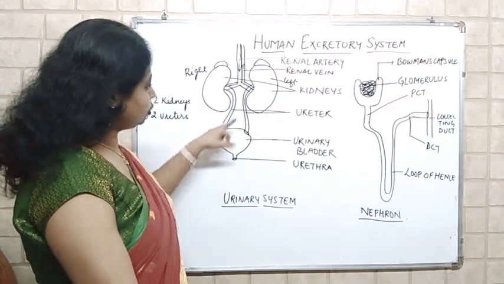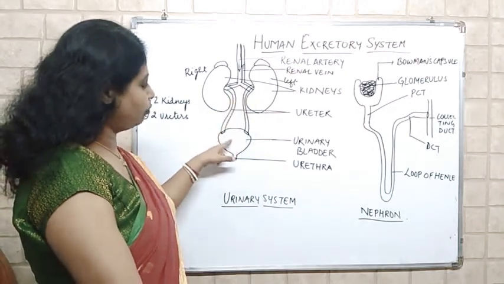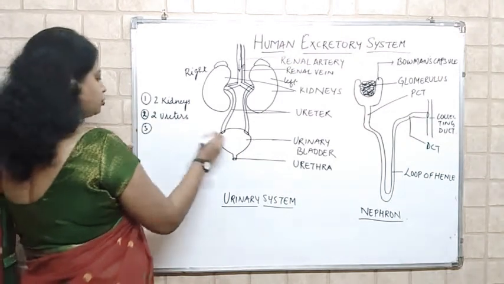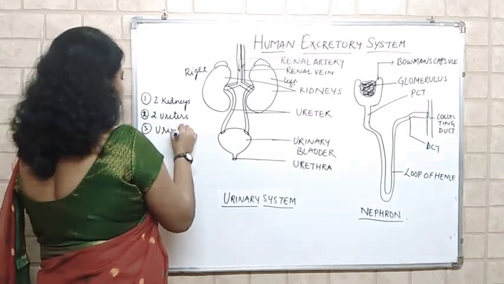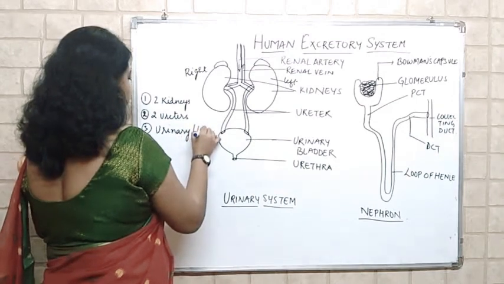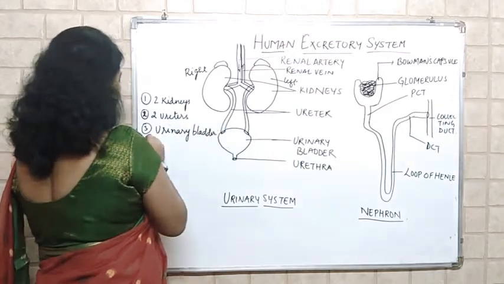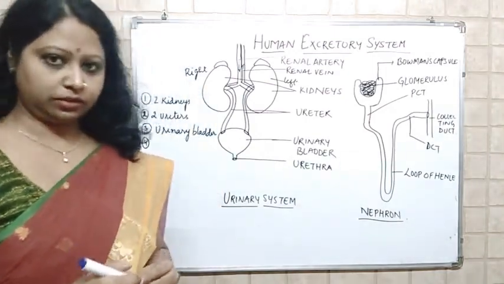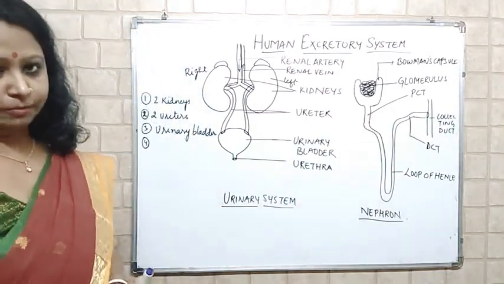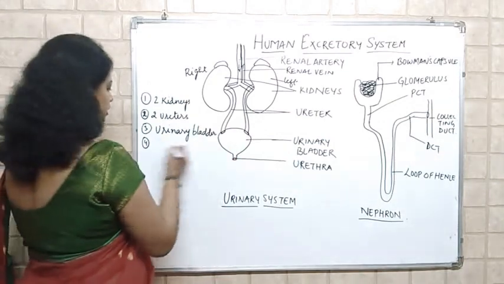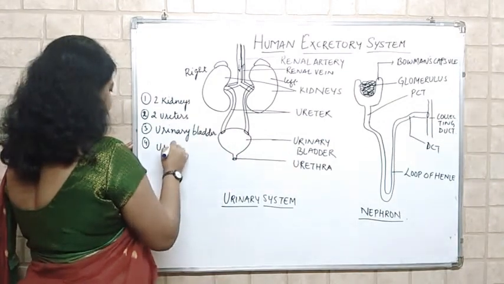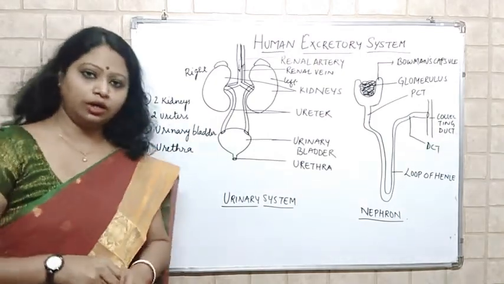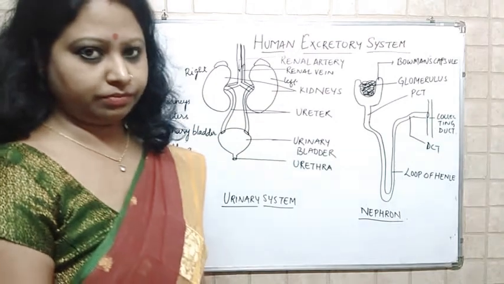This is the right ureter and the left ureter, and both of them join with one muscular bag-like structure called urinary bladder. Urinary bladder is an expandable bag made up of muscles. And urethra. Urethra is the place through which urine will be excreted.